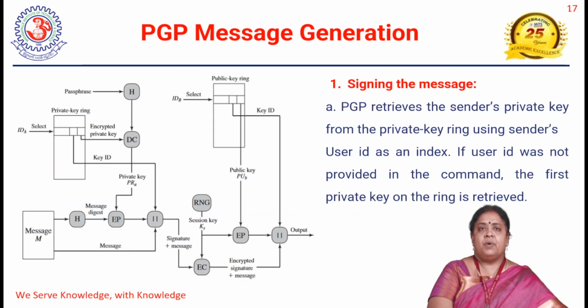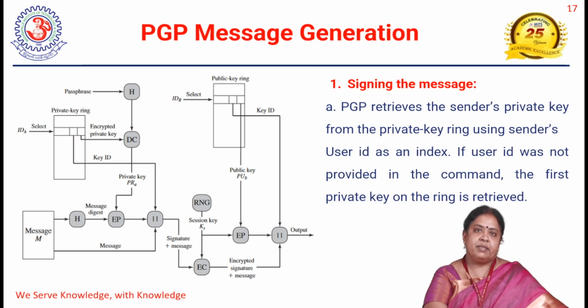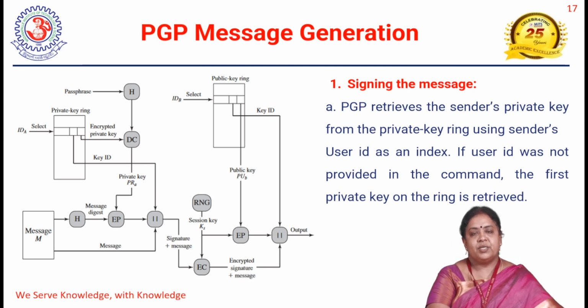Then we come to how PGP generates the message, how the message can be generated using the PGP protocol. That is simply the PGP procedure. The first and foremost step is to sign the message. Signing the message is the first step in PGP generation. PGP is going to get the private key of the sender.